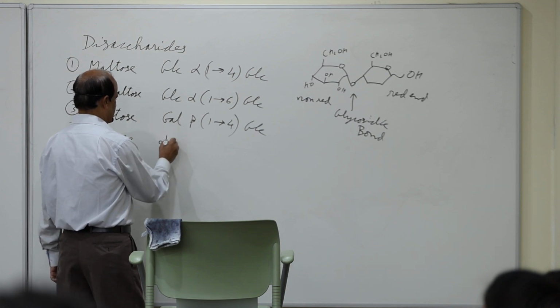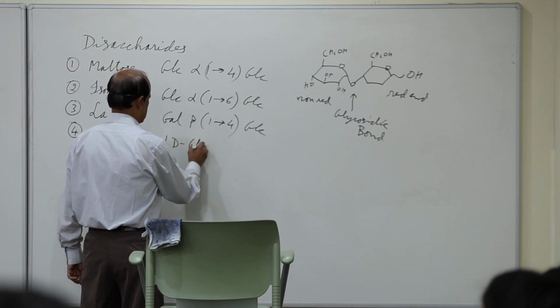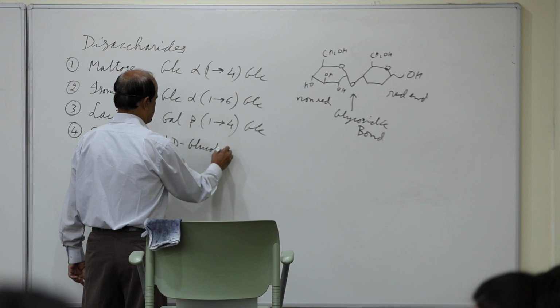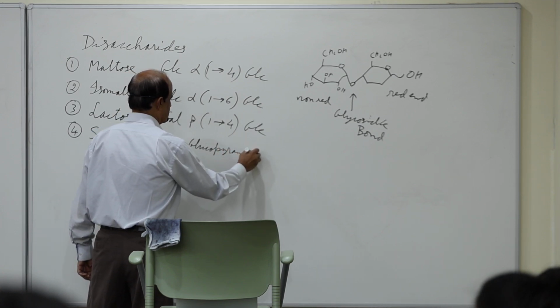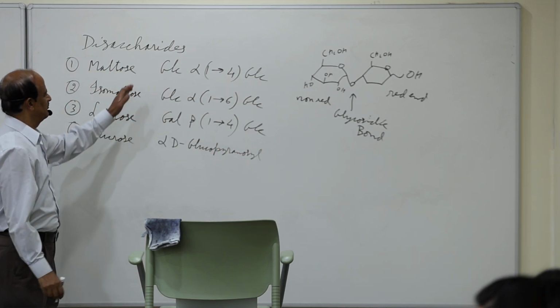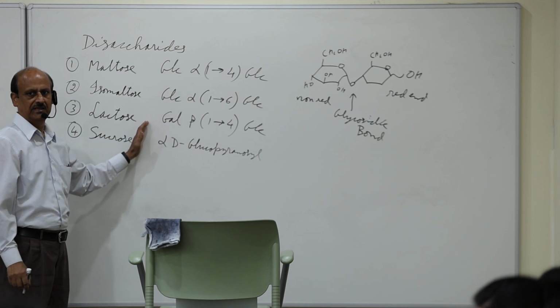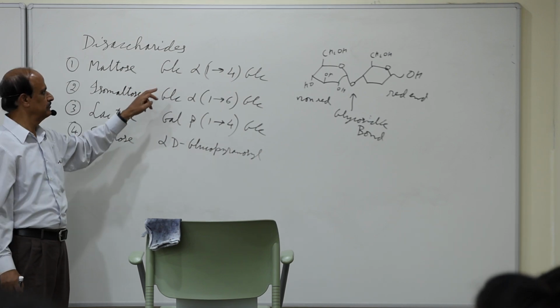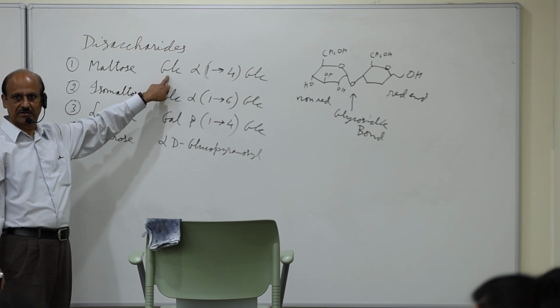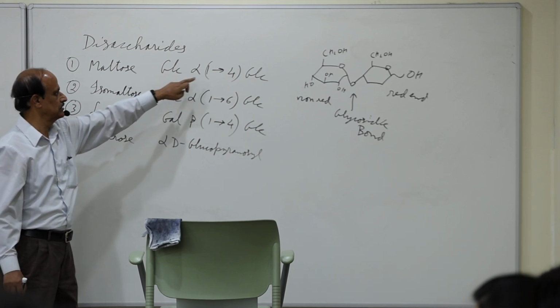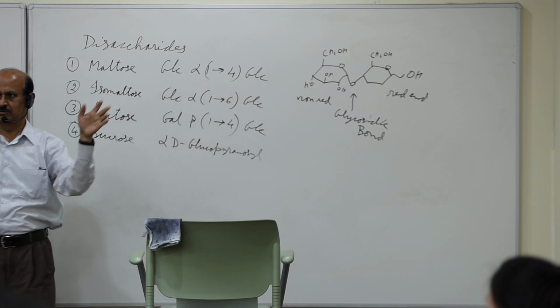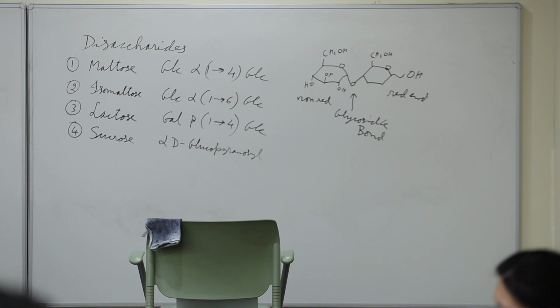So it is alpha D glucopyranosyl. As I said before, all these are abbreviated names. The actual name will again be alpha D glucopyranosyl. These are 6-membered rings for both of them, which is usually not written, but that is part of the name, alpha D glucopyranosyl or beta D glucopyranosyl.